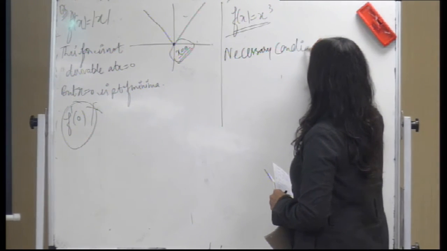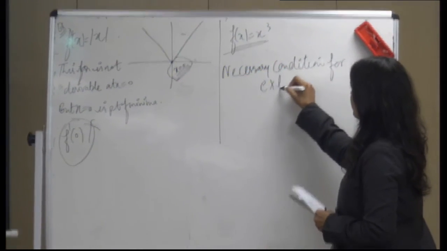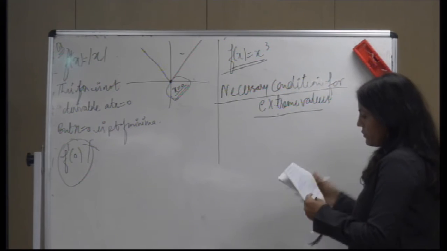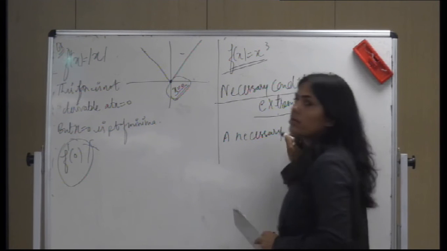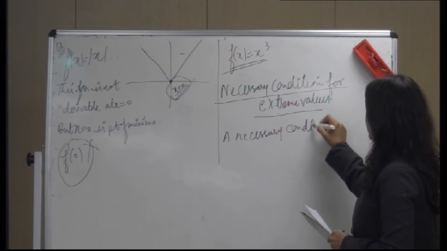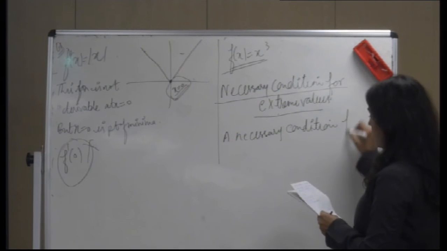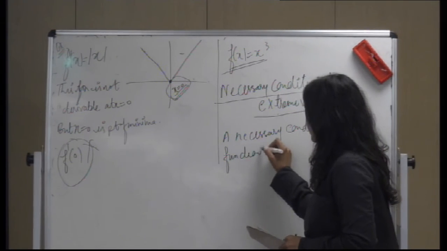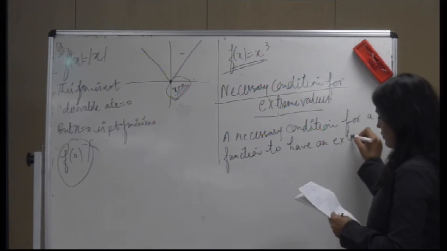Necessary condition for extreme values. Please write it down, it will help you because you people are not getting it exactly. A necessary condition for a function to have an extreme value.